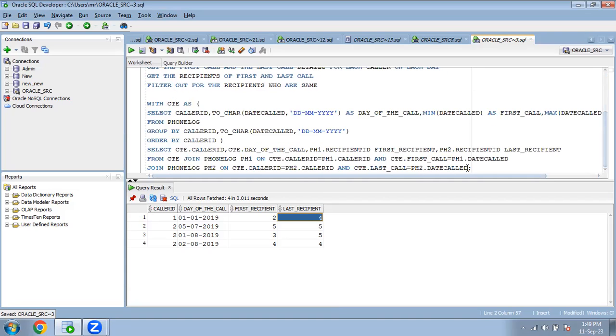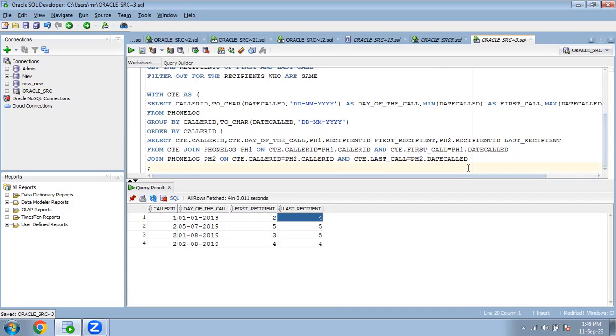So I can filter where first recipient equals last recipient, from the column details only. Both should be the same. That is what we want, right?